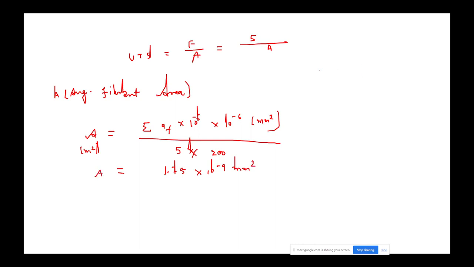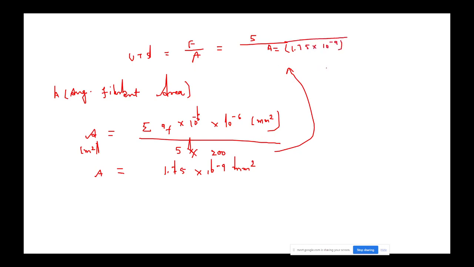Now this value will go here. In UTS you put the value of A, which equals 1.75 into 10 to the power minus 9.